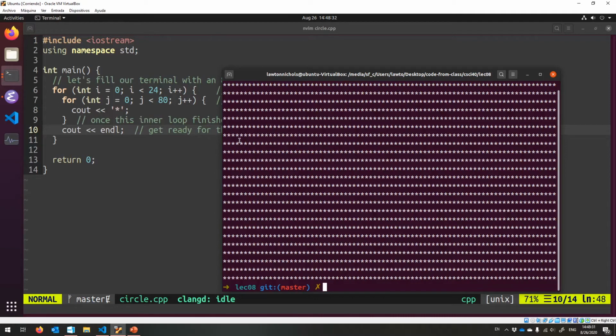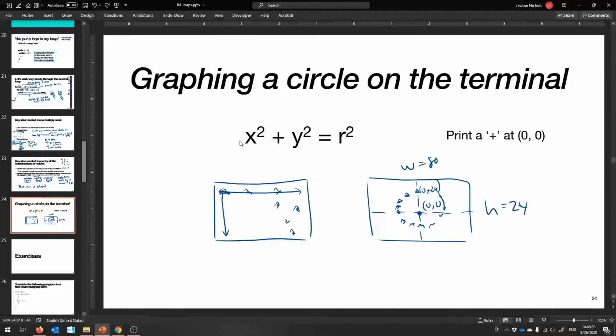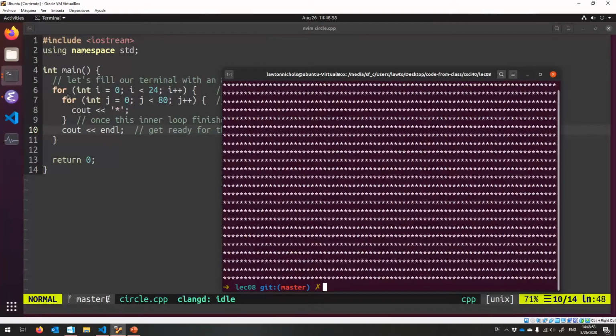So currently, the middle is I equals 12, and j equals 40, because that's half of each of these, half of the width, half of the height. We want that to be 0, 0 instead, okay?